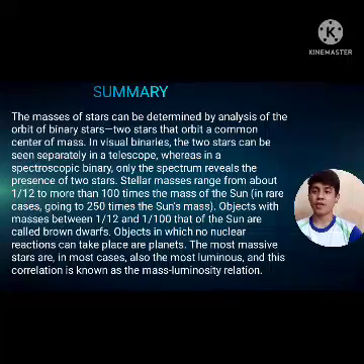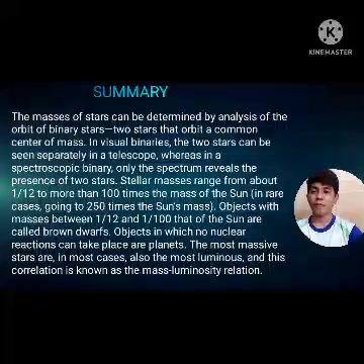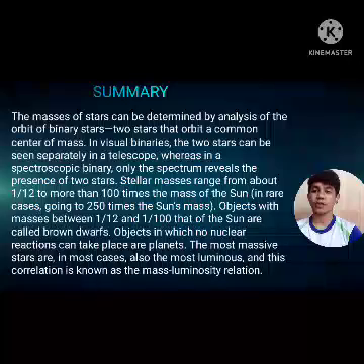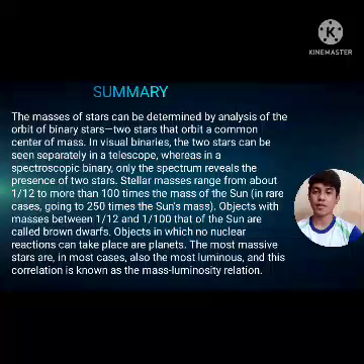So stellar masses range from about 1/12 to more than 100 times the Sun's mass, in rare cases going to 250 times the Sun's mass. Objects with masses between 1/12 and 1/100 of the Sun are called brown dwarfs. Objects in which no nuclear reactions can take place are planets.